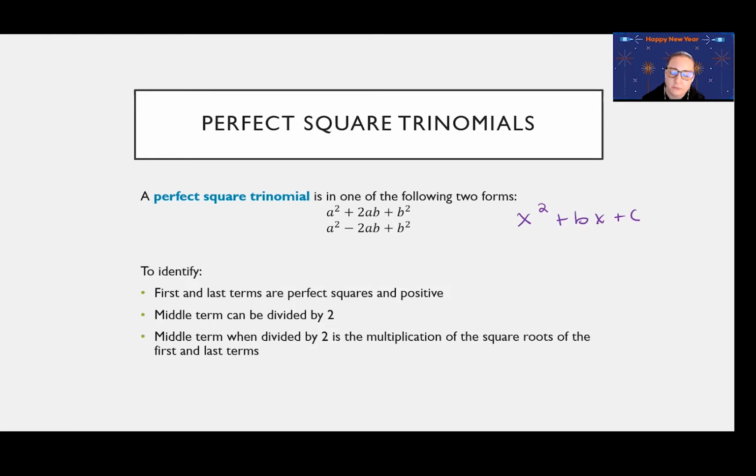Does that match? If all of these are true, then you have what is called a perfect square trinomial. We'll go through this process when I go through my examples, so you can see how to identify whether it's a perfect square trinomial or not.